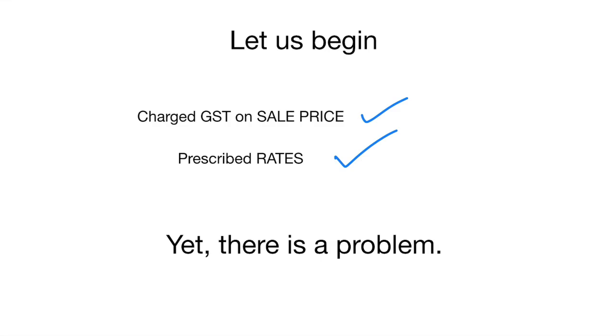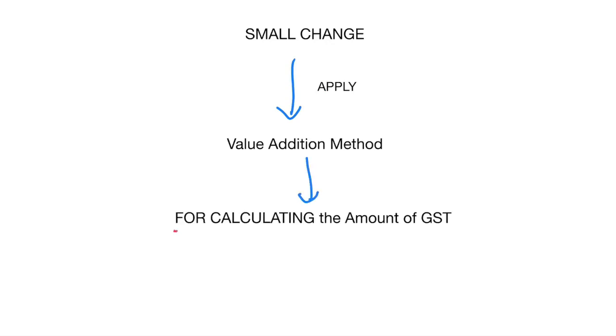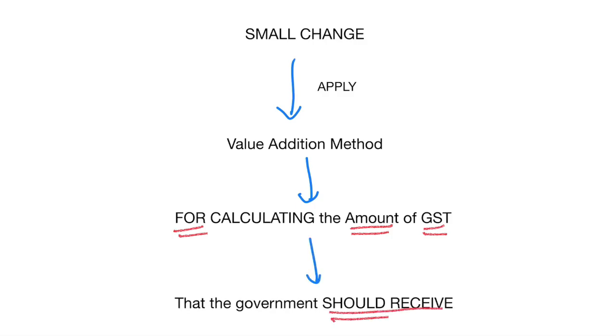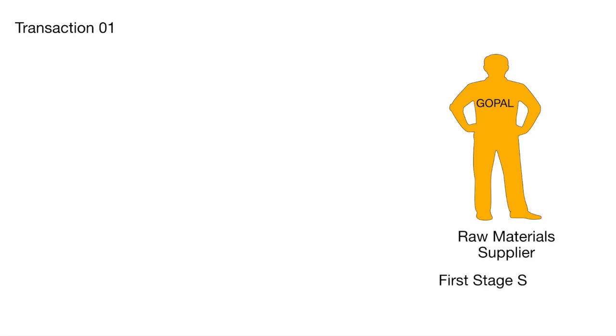So, the change that we are going to make this time in the above example is that we are going to apply value addition method in our calculation for calculating the amount of GST that the assessee should pay to the government. Okay. So transaction number 1, see, Gopal is a raw material supplier. That means Gopal is a first stage supplier.